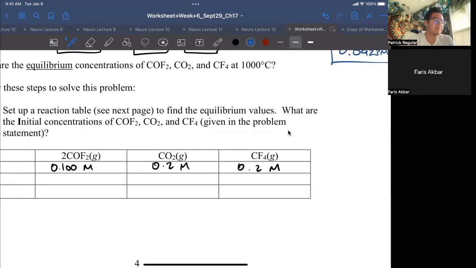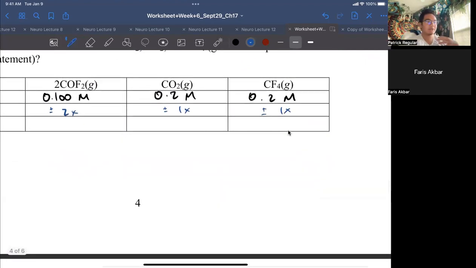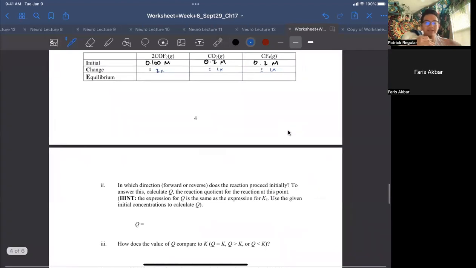You can't really tell. You know your molar ratio, this could be plus or minus 2x, like before, plus or minus 1x, plus or minus 1x. Well, we can tell that by using Q. Q is the relative ratio not at equilibrium.